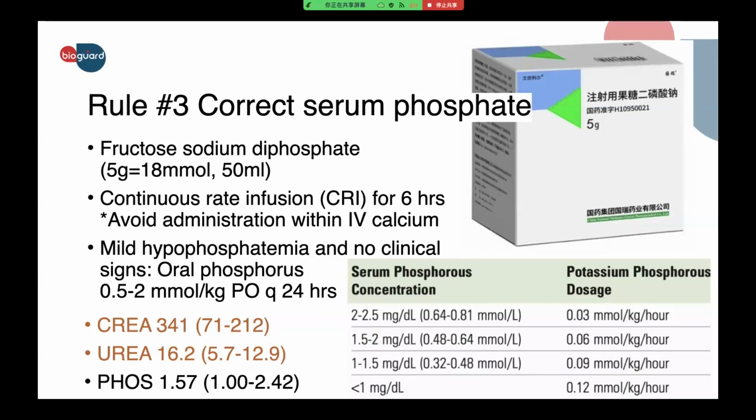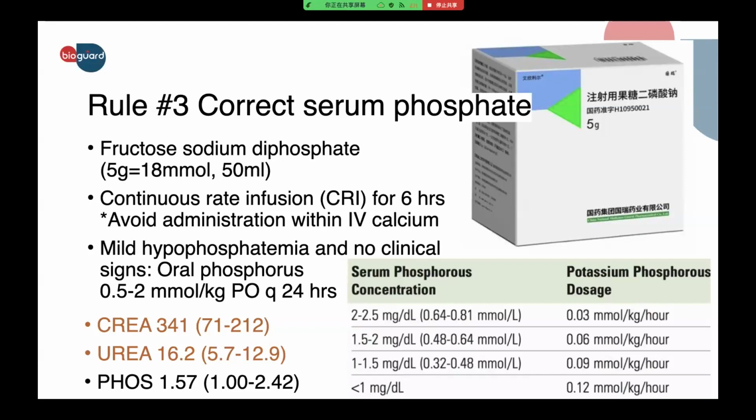We need to give phosphate if there is truly hypophosphatemia. In China, what we have is 1-fructose sodium diphosphate. Each 50 mL bottle has 5 grams of this medicine, which means about 18 millimole. We can use this chart to calculate how much to give.